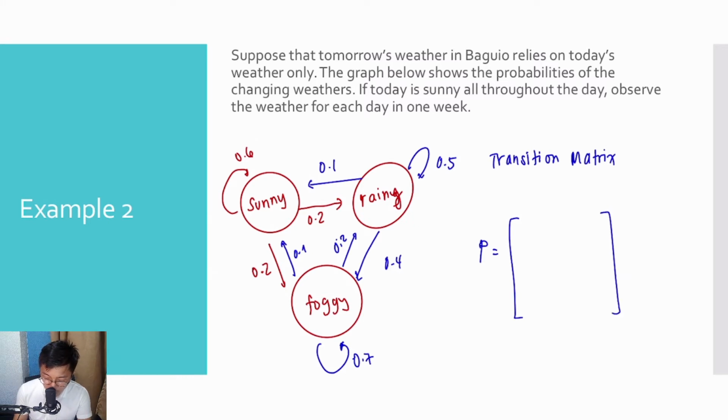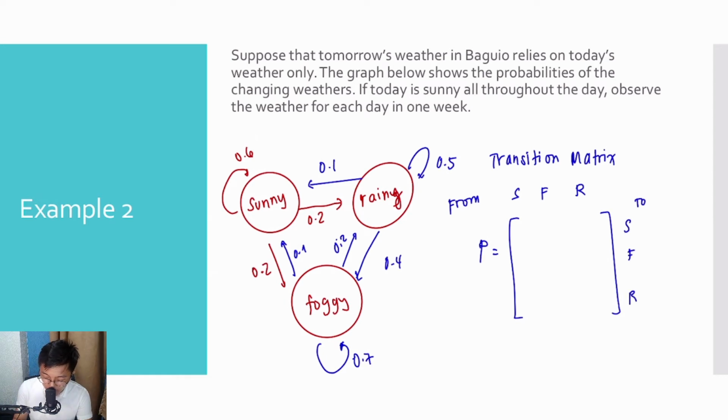So for the columns above, we will write that as from, because that's your state of origin. So we have sunny, foggy, and rainy. Then we will go to the next day, and that will be the rows: sunny, foggy, rainy.